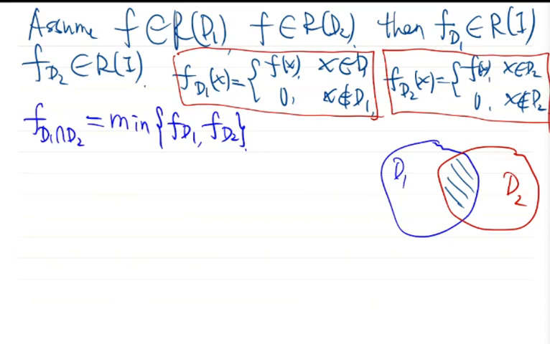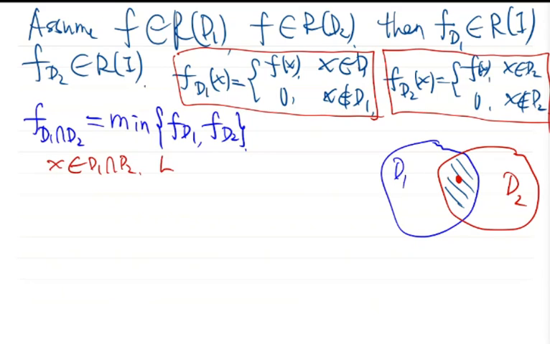If a point is in the intersection here, then f D1 and f D2 are equal to f x. Therefore, the value is f x. Both the left hand side and the right hand side equal f x, for x in the intersection.